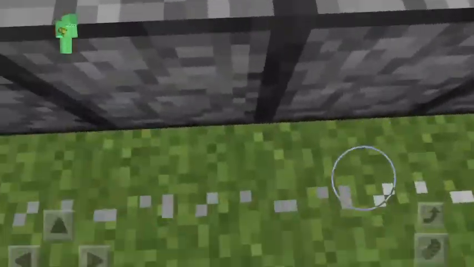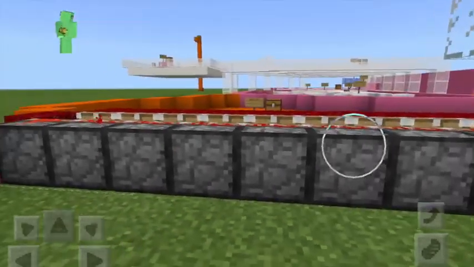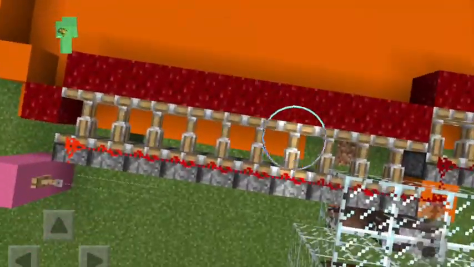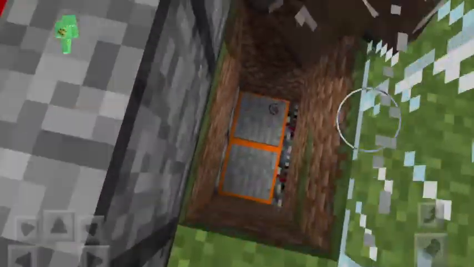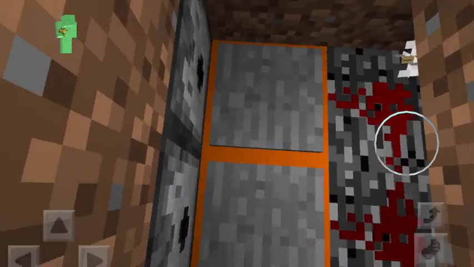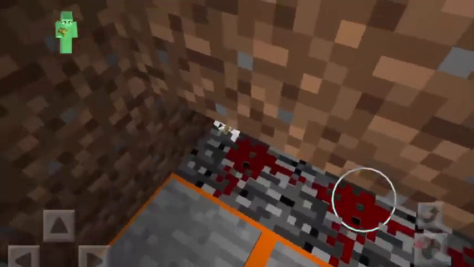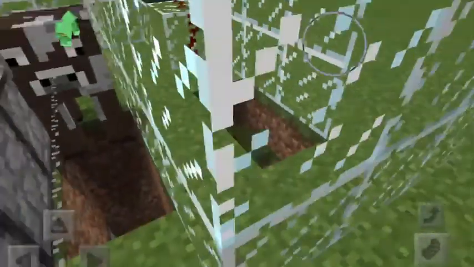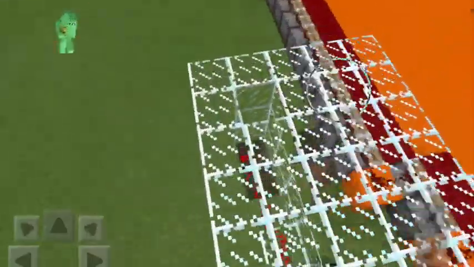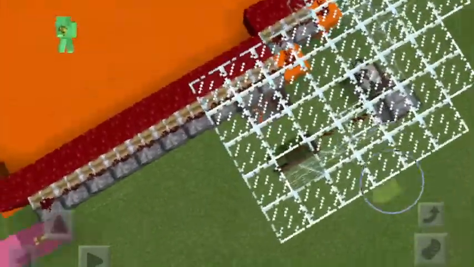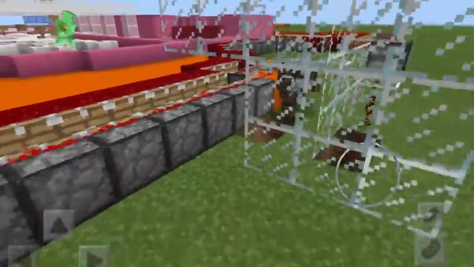If the cow goes to the string, it lets the machine go front, and if the cow dies, it falls into here and dies, and it spawns the other one by the redstone that is connected to the spawner. Cow spawner over here. The cow just died and then spawns the other one and keeps going like that.